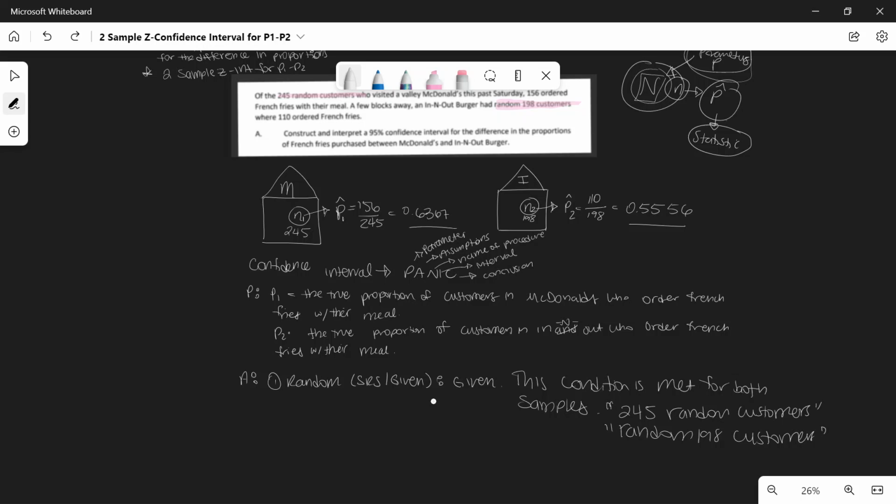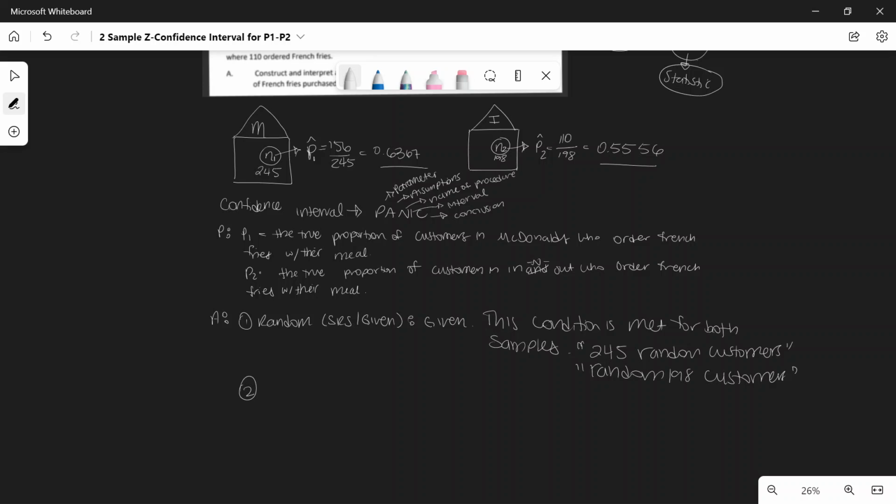But they're usually always met, especially in an FRQ, because there's no point in doing an FRQ for a confidence interval if the conditions are not met. But maybe they won't be met, and you're just going to have to say proceed with caution and continue with the interval. But anyway, the second condition is the 10% rule.